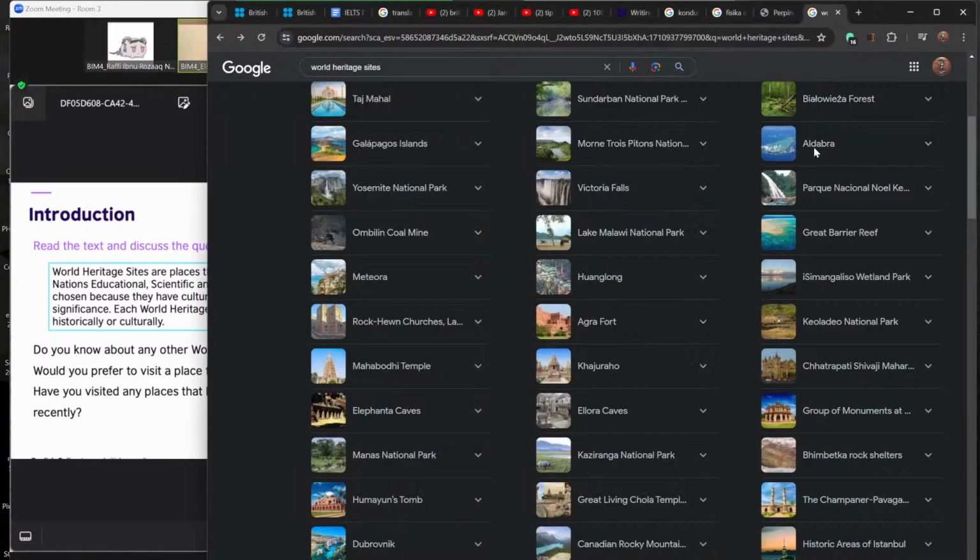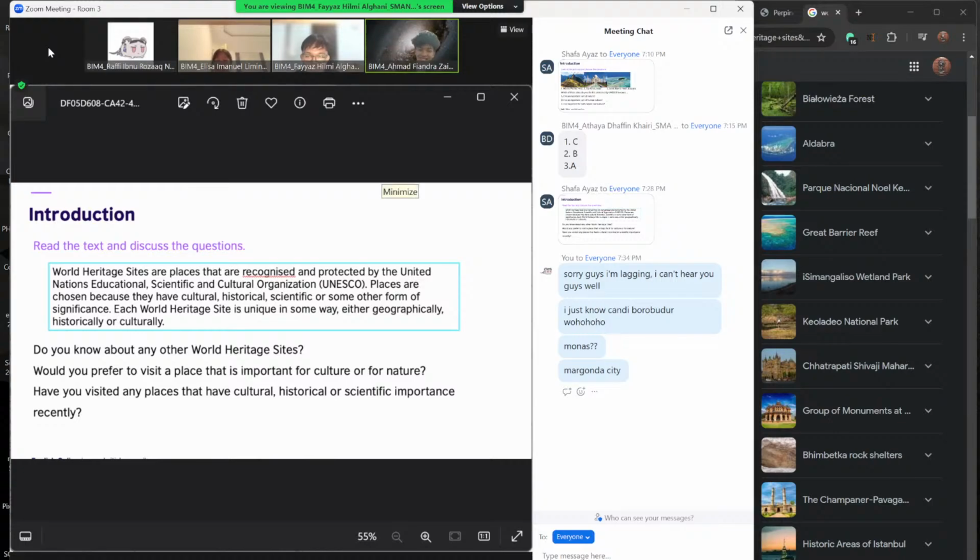Do you guys know about the statue in Bali that is very tall? I cannot hear you, I think it's the connection. Oh yeah, the Garuda Wisnu statue. Oh, GWK, yeah. Wait, let me find it first. Is GWK new?